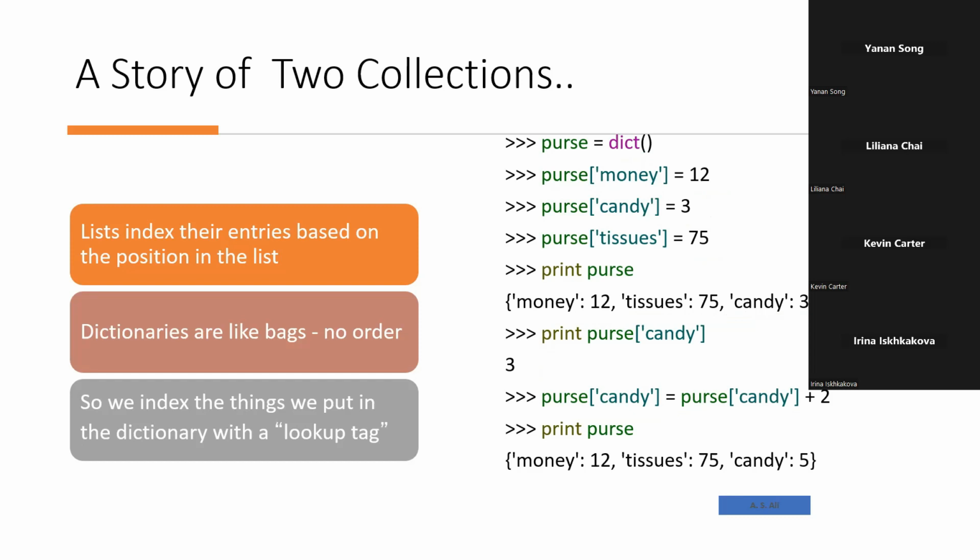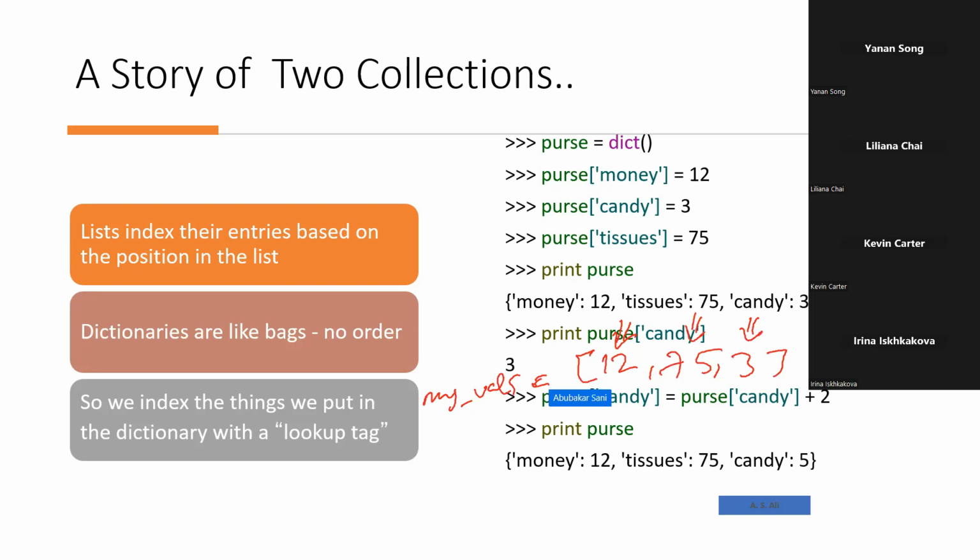The difference is that in a Python list, we can just write 12, 75, and 3. But we don't know what the 3 stands for, what the 75 stands for, or what the 12 stands for. Of course, let me call this list my_list. It equals 12, 75, and 3.